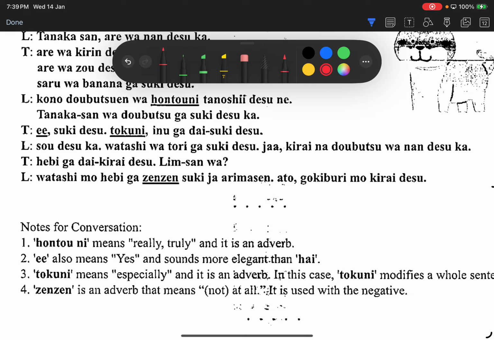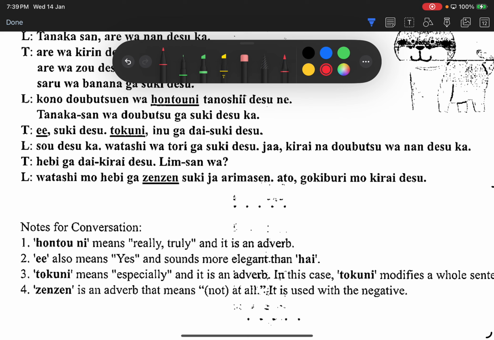Then T replies, hebi ga daikirai desu. Right? Daikirai desu. So big head lah. Okay, so hebi, about hebi, right? You don't see them use hebi wa daikirai desu. That means like hebi hates what? But in this case, we don't want to say the snake hates something. We want to say that we hate the snake.